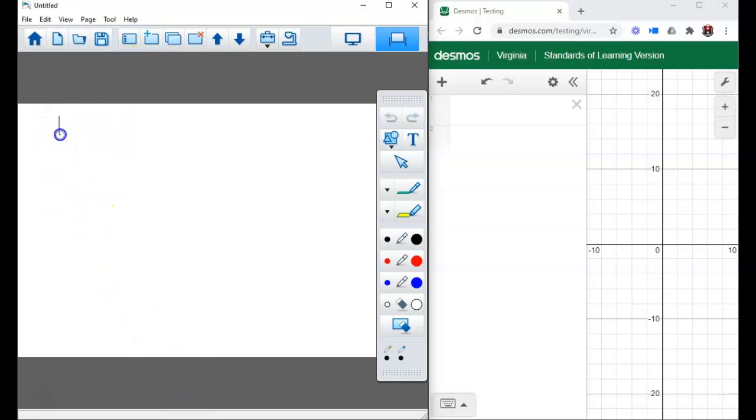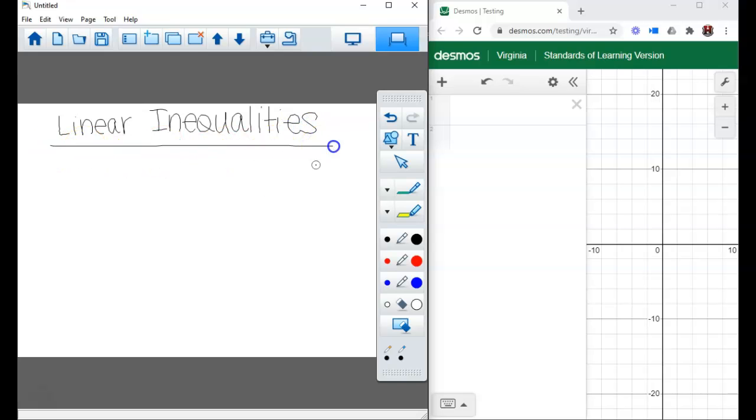So today, what we're going to add on are linear inequalities. This is not the first time we've seen inequalities. So here's what I want you to know about this. These are like our linear equations that we've been working on.